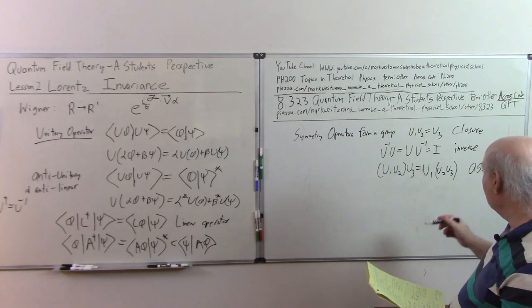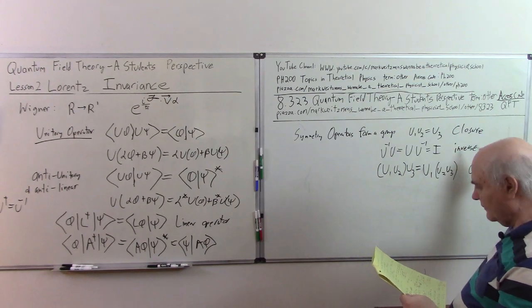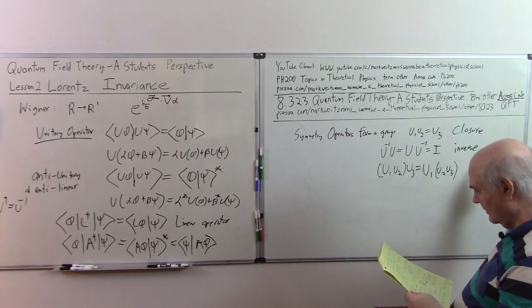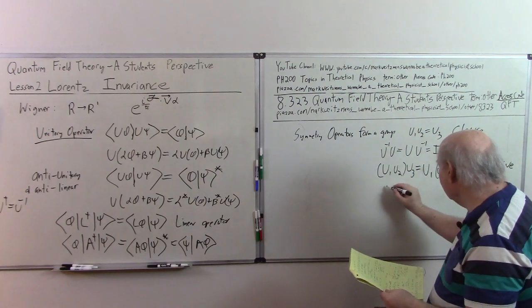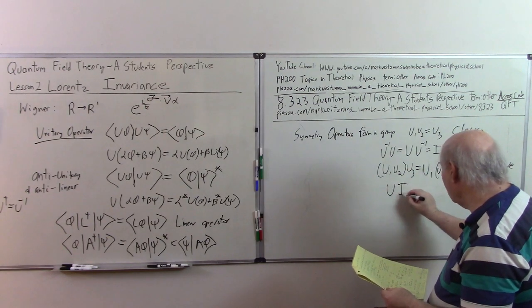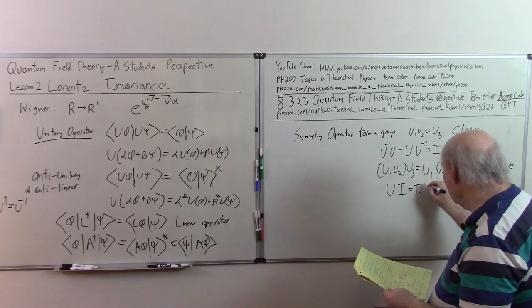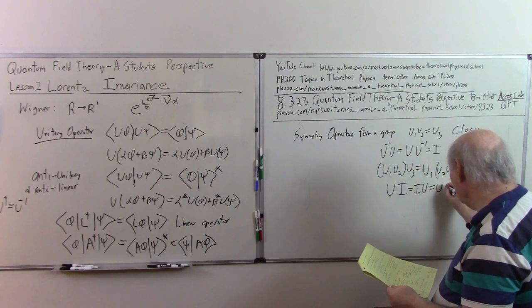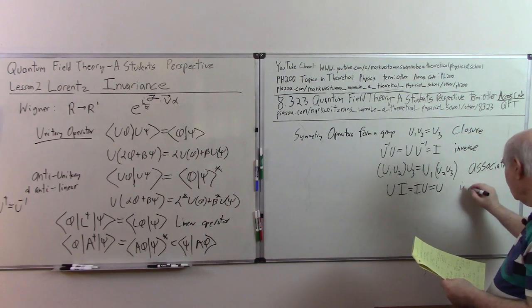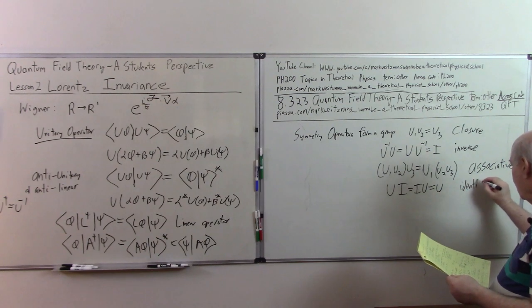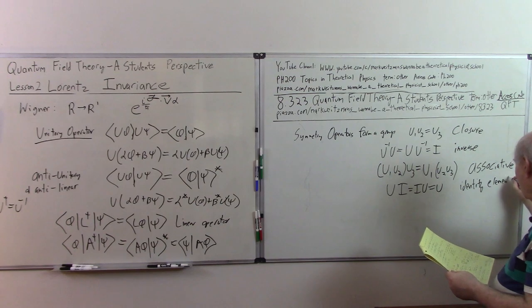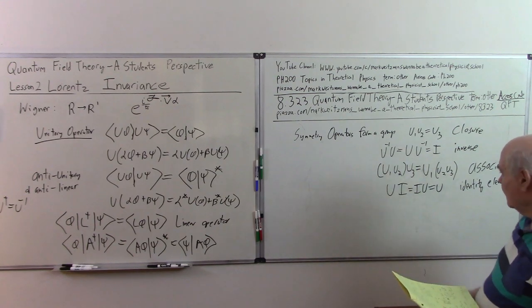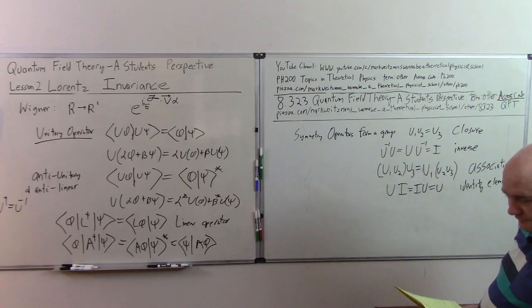And so these are the closure, inverse, associative, and then there has to be an identity. I should have put that first, but there's always an element I, the identity element. It's unique, just like the inverse is unique. So these are the 4 rules for a group.